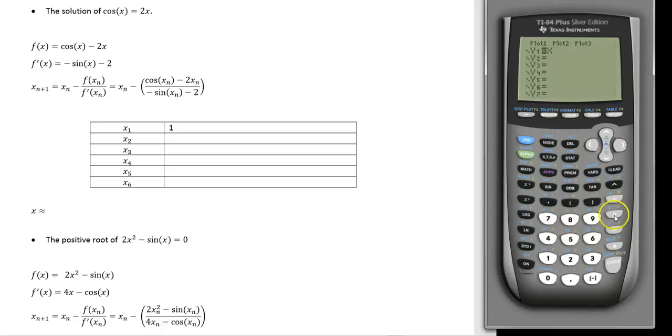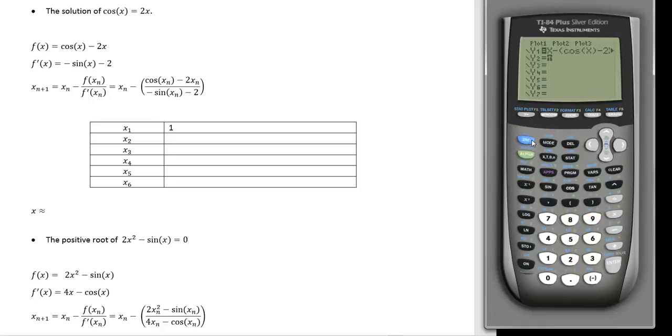So the x minus, and then parentheses around what's in the top. So that would be cosine of x minus 2x, all divided by, parentheses around what's in the bottom, minus sine of x minus 2, and then close the parenthesis.